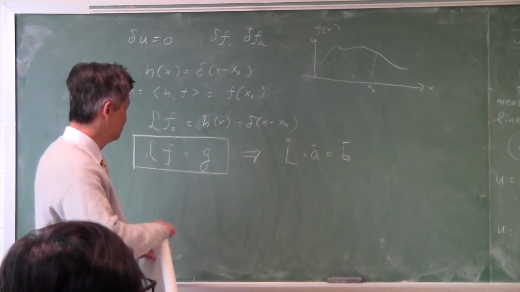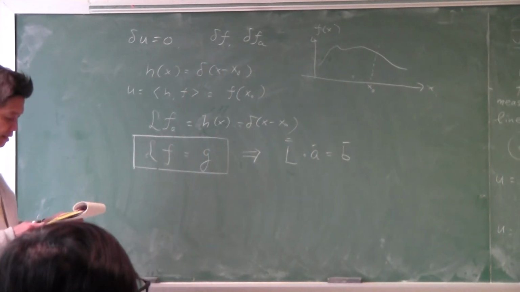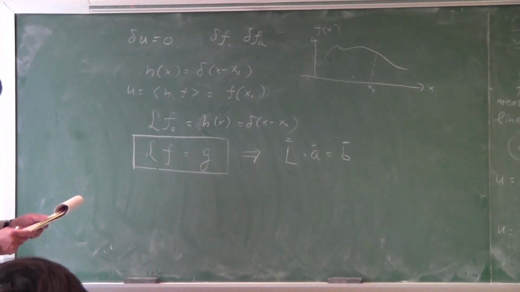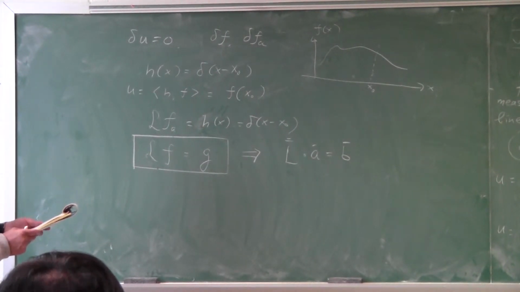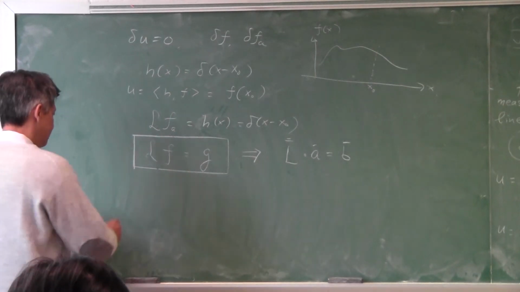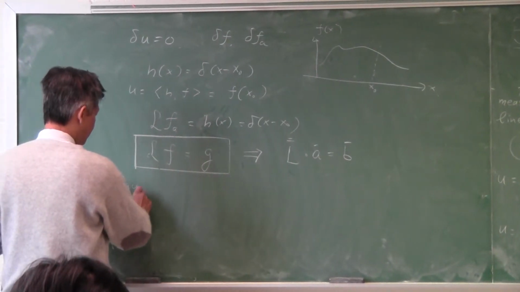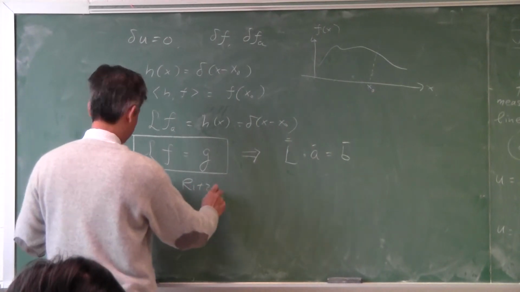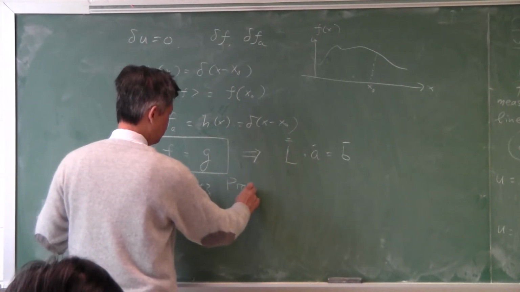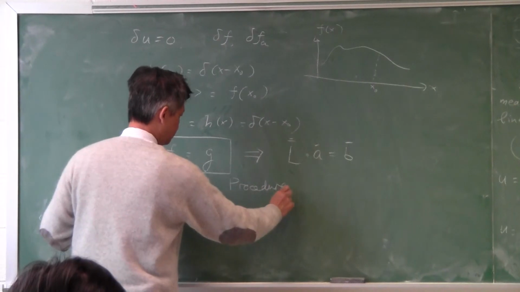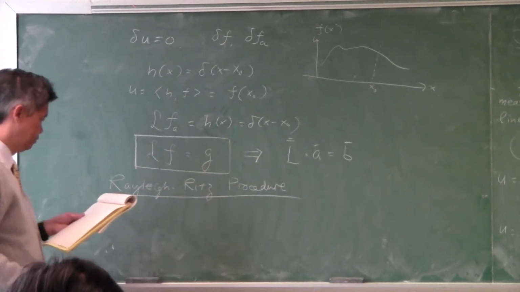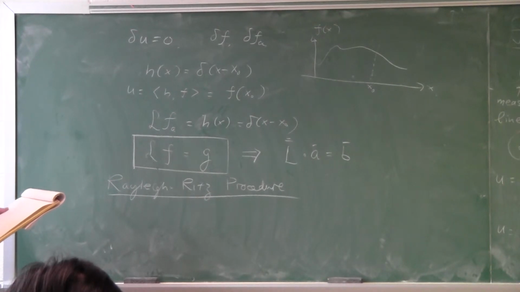Okay, let's see if we can get such guidance by studying the use of the variational expression to solve a standard problem. And the procedure is usually called the Rayleigh-Ritz procedure. I'm sure that many of you have heard of this procedure before.